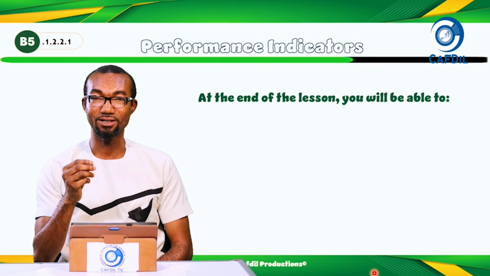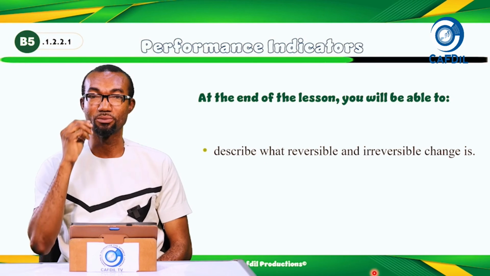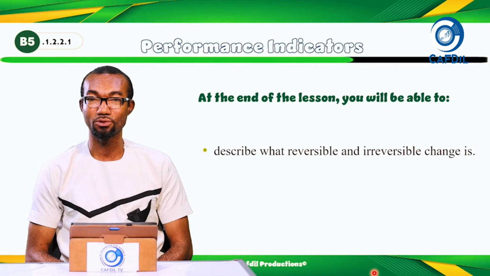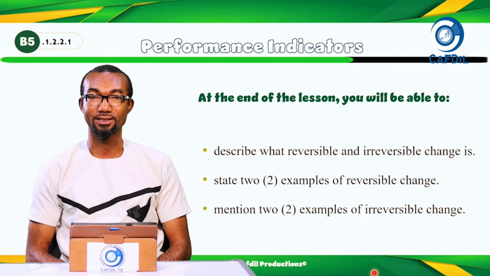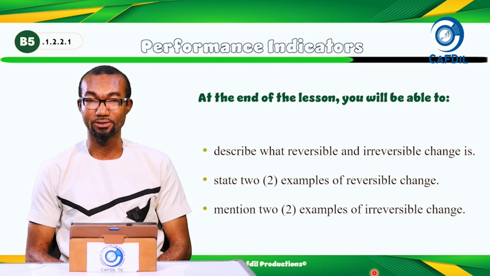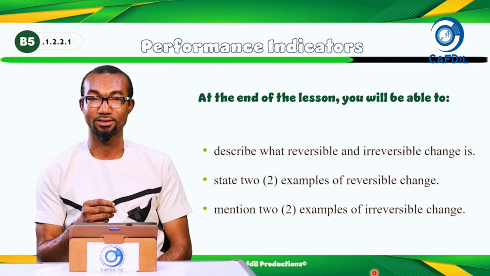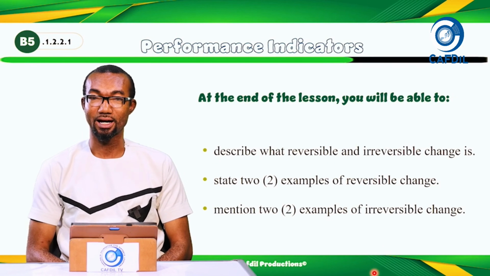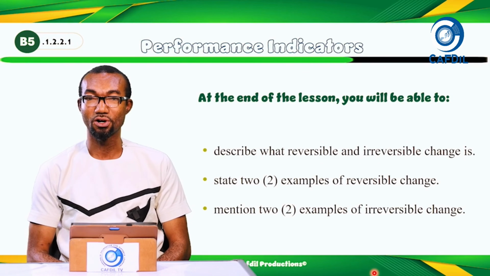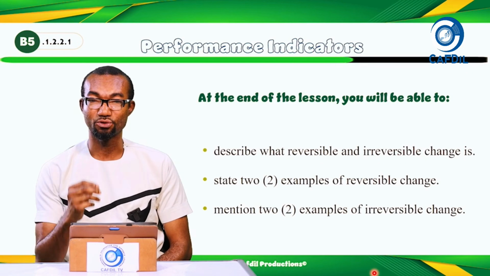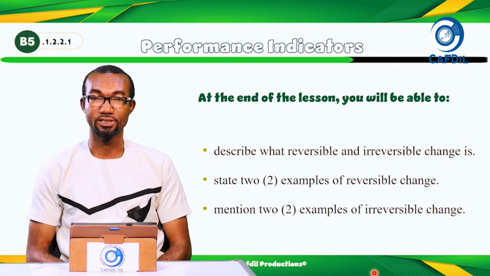At the end of this lesson, I would like you to be able to describe what reversible and irreversible changes are, state 2 examples of reversible change, and mention 2 examples of irreversible change.